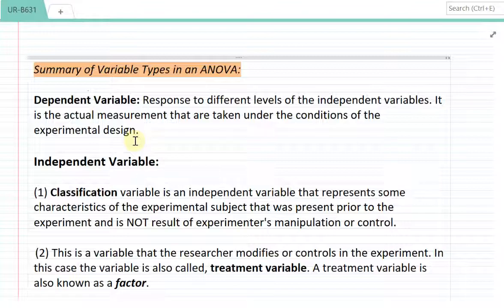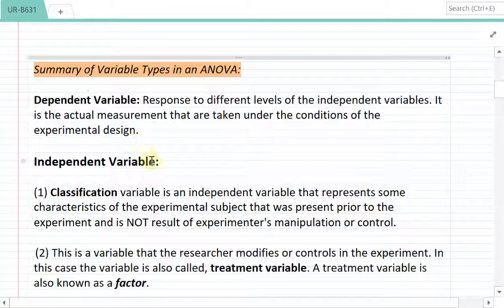Or if I'm comparing the yields of two different mutual funds, the yield in this case would be the dependent variable. The two types of mutual funds would be levels of the factor mutual fund: mutual fund A, mutual fund B. Those are the levels of that factor.